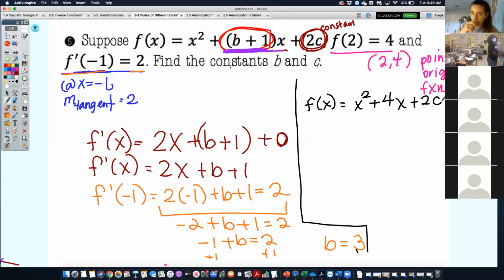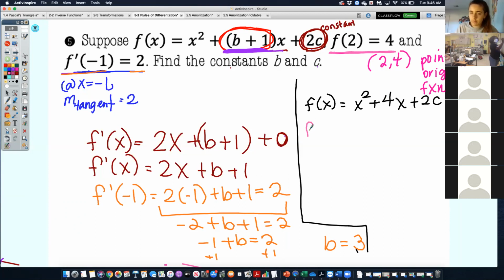And now all I have left is to find the value of c. This is where I'm going to use this piece of information. Because if x is equal to 2, y should equal 4.